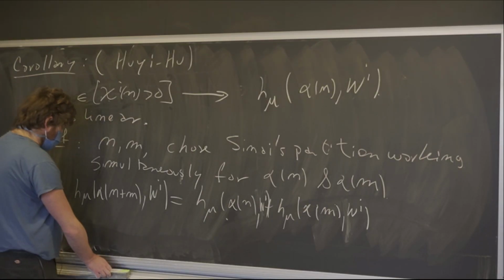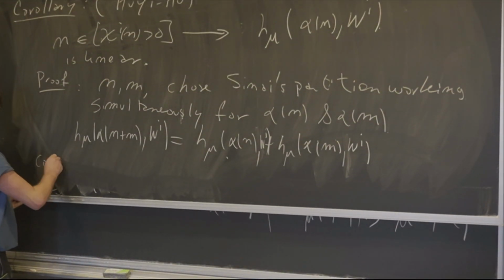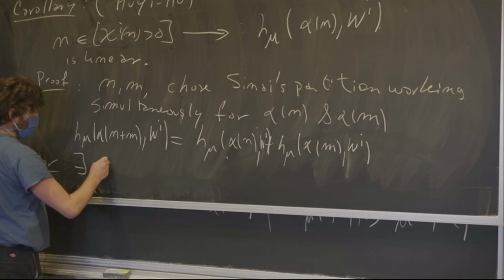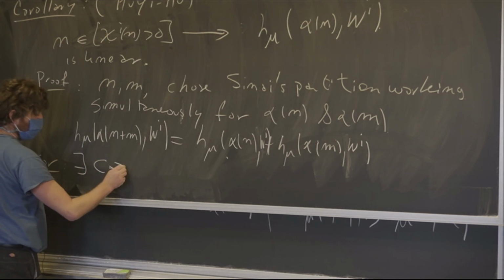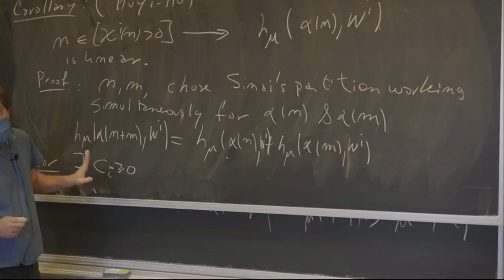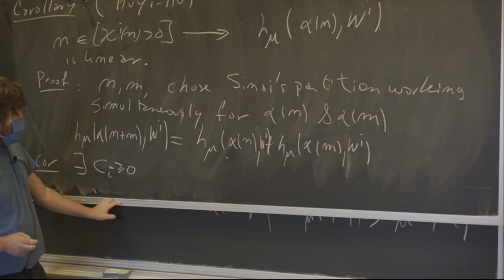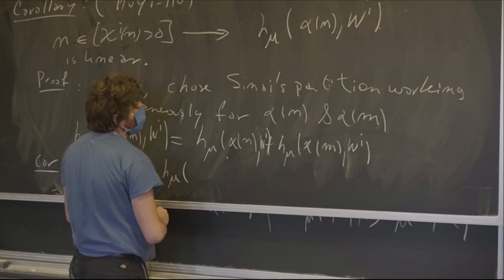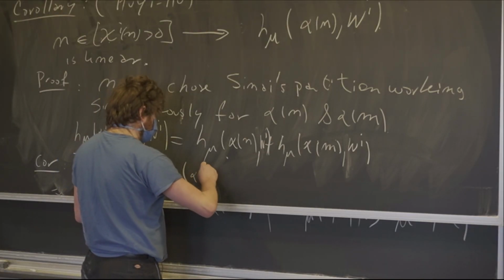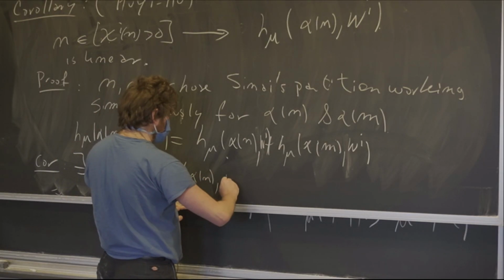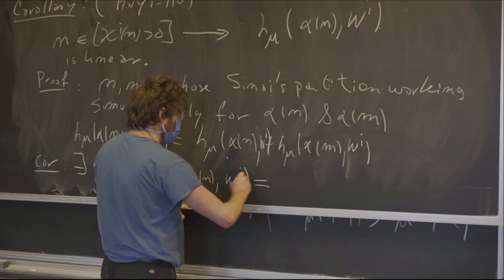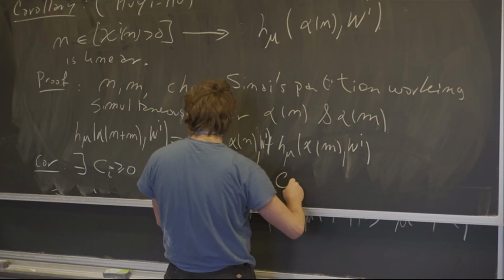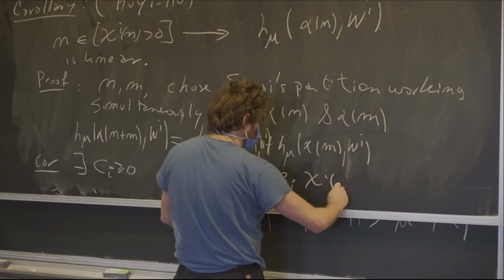So a corollary of the corollary is that there exists some constant Ci larger than or equal to 0, because it could be 0, that's certainly one possibility, such that h mu alpha n is equal to Ci psi I of n.